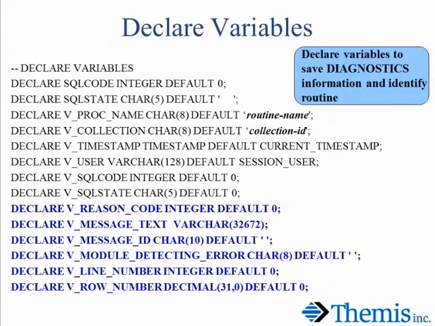I want to set up a variable to save the SQL code and the SQL state in. I want to set aside a variable to capture through the GET diagnostics the reason code, the message text, the message ID, the line number, row number, and module detecting the error. So these are all areas you could have in a template or in a module you can copy in.